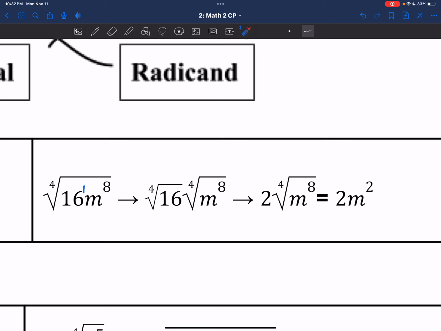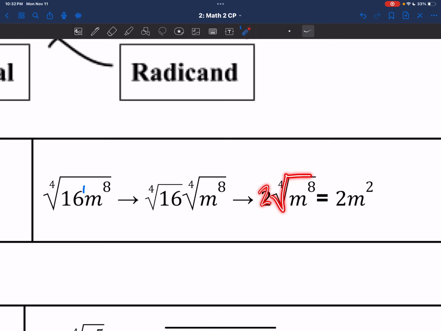So now what we're going to do is break this up. We're going to take the fourth root of 16, which is 2. And then that means if you were to have 2 times 2 times 2 times 2, 4 of those would go outside. All right, and then we're going to break this part up into 8 to the fourth root.